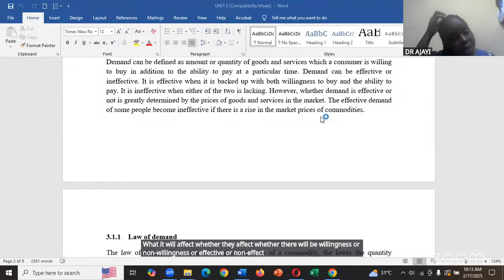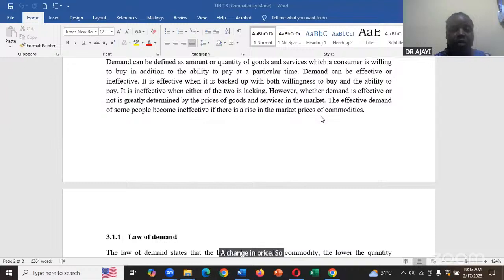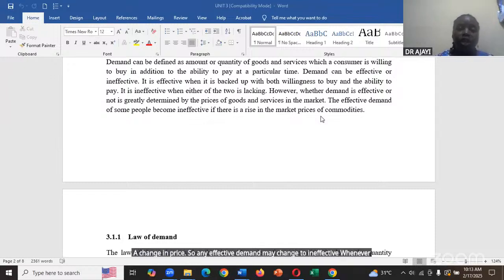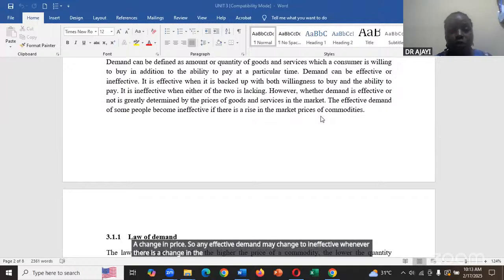So oftentimes, we have effective demand change whenever there is a change in price. Any effective demand may change to ineffective whenever there is a change in the market price of a commodity.